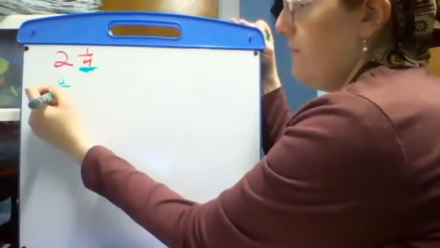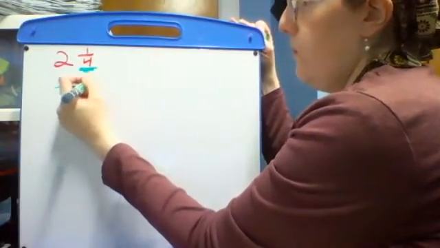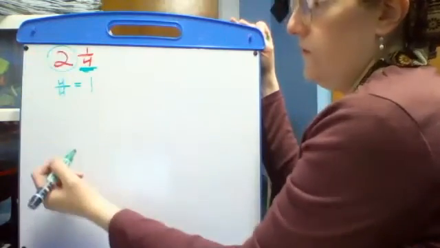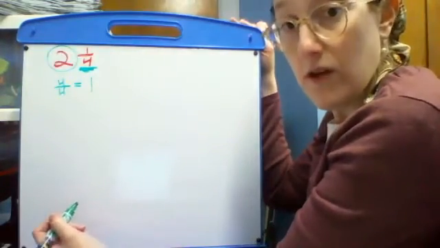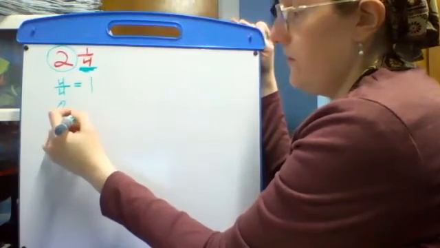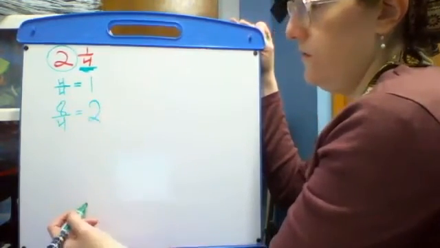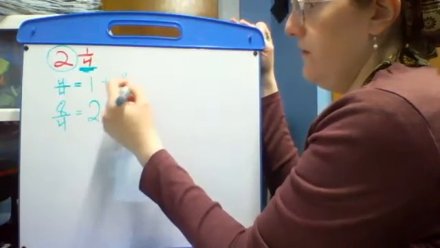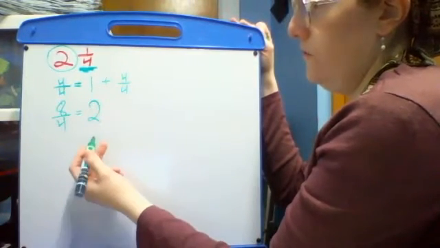So 4 fourths would be 1 whole. But I have 2 wholes. So how many fourths would be 2 wholes? That would be 8 fourths, because 4 fourths plus 4 fourths is 2 wholes.